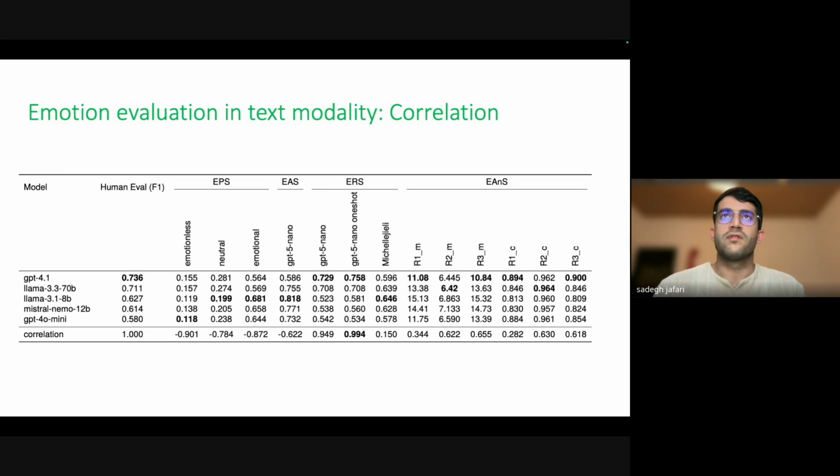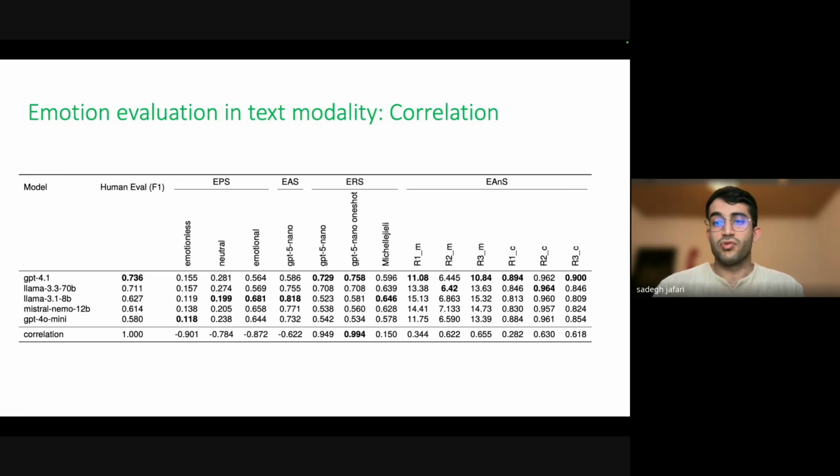But maybe someone may say that if we use LLM as judge, especially the big ones like GPT, they have more correlation, but it's not true, because for this family, EAS, that means emotion absolute score, the correlation is negative, but using the same LLM as a predictor.